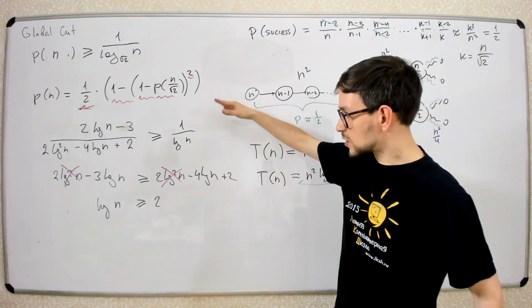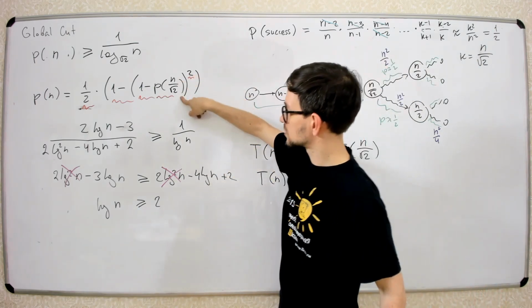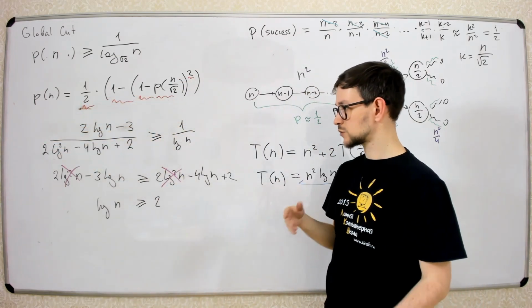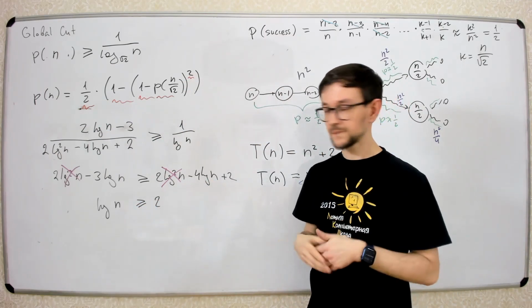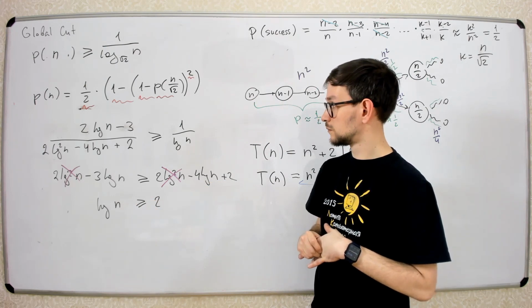Now we just make this transition from n over square root of 2 to n. So this transition works for all logarithms starting from 2. Yeah, it's good enough. That's all.